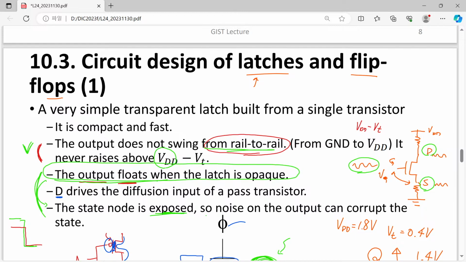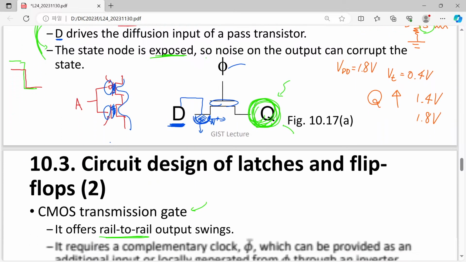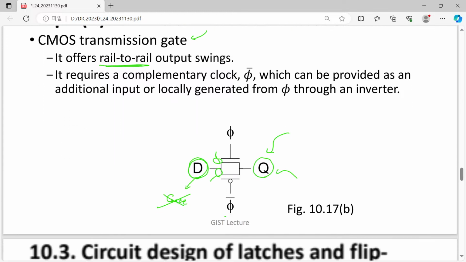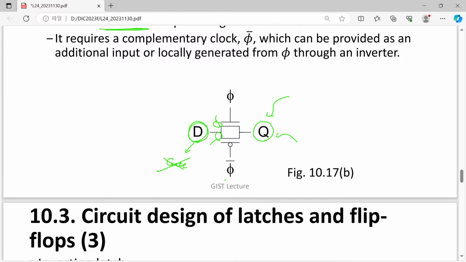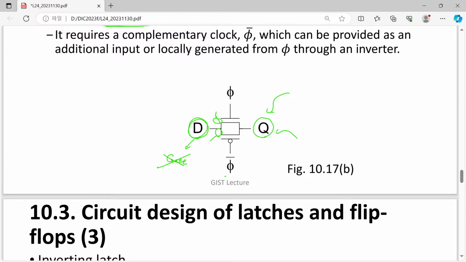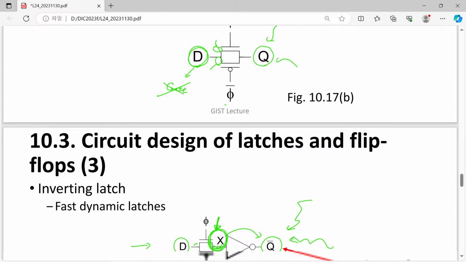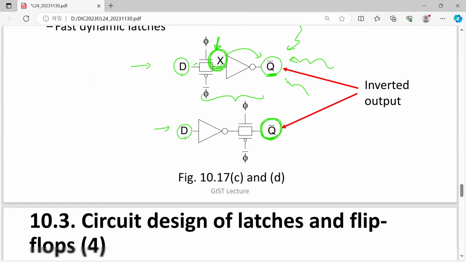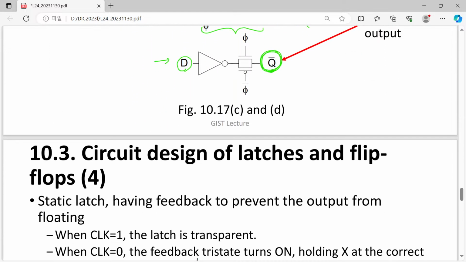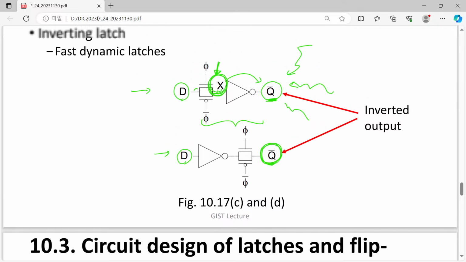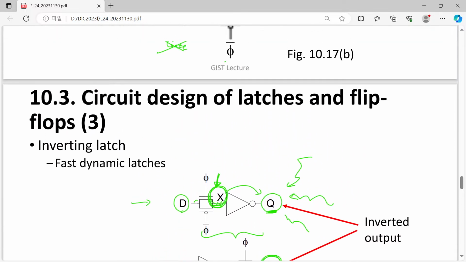In every case studied up to now, when the clock is low, there is no way to make it strong and keep it strong.